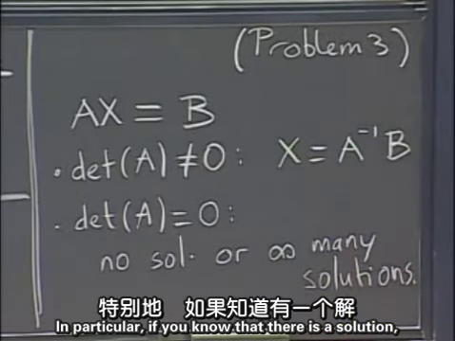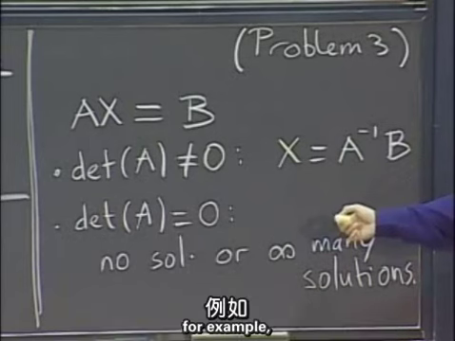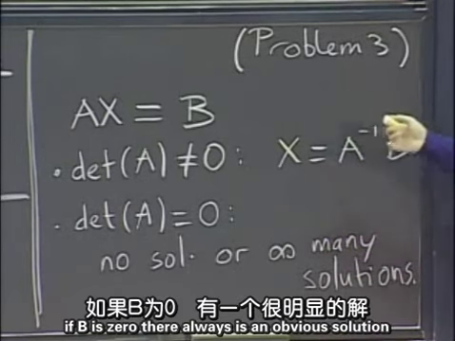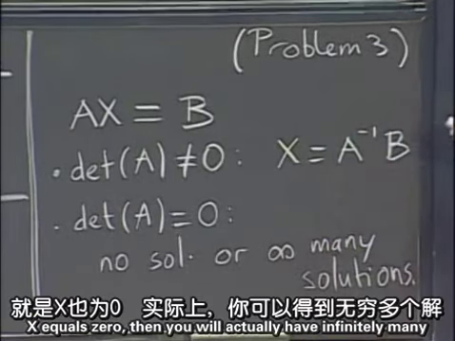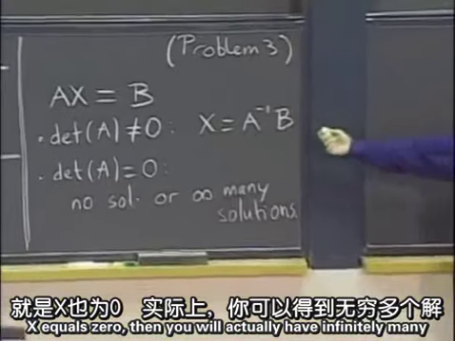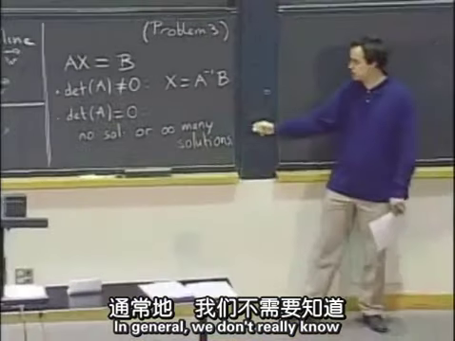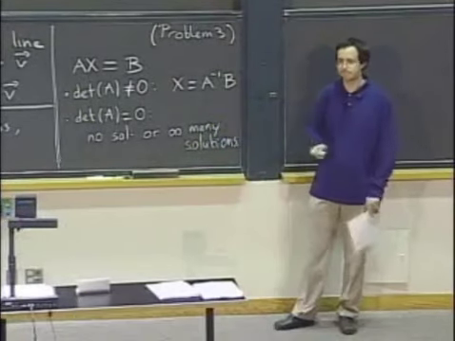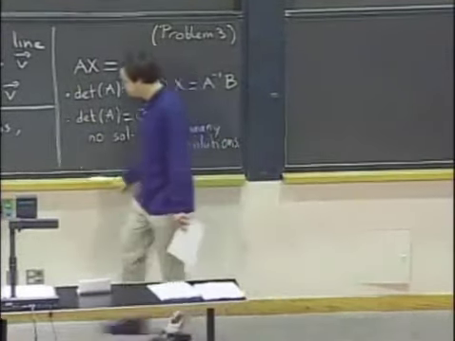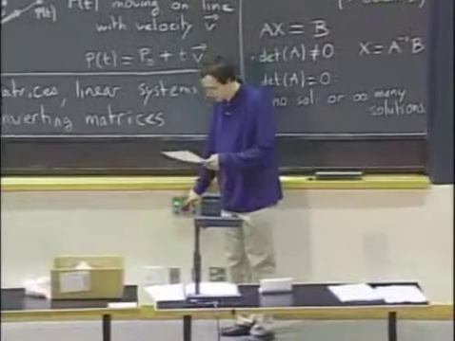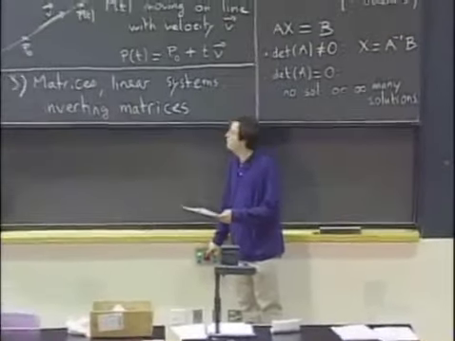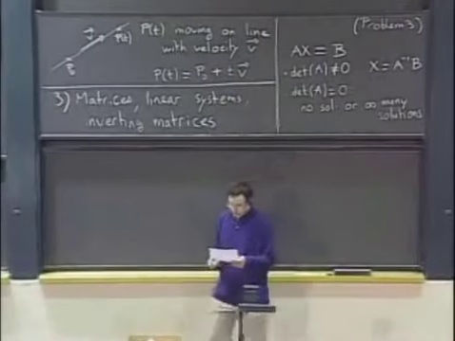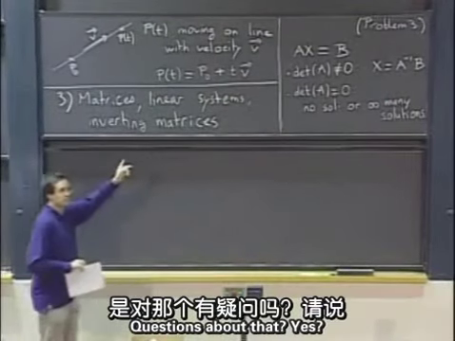In particular, if you know that there's a solution, for example, if B is 0, there's always an obvious solution, x equals 0, then you will actually have infinitely many. In general, we don't really know how to tell whether it's no solution or infinitely many. Okay, questions about that?